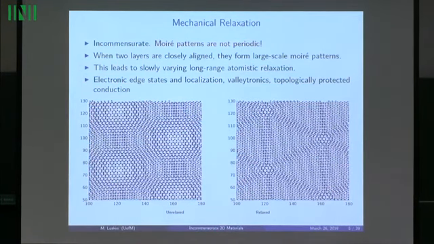When we derive a continuum model, the continuum model will be periodic, because if we take this picture, even though it's aperiodic, and we scale things down, we end up with a periodic model, okay? Now that's true only for bilayer systems.